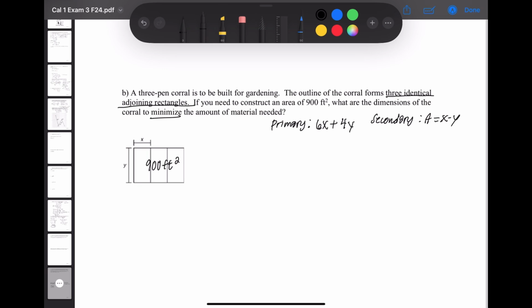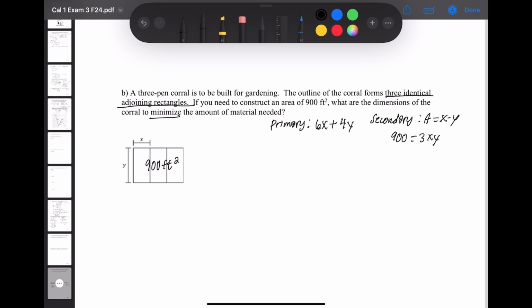So we know that our area is 900. It said 3 identical adjoining rectangles, 3x, so 3xy. So now we need to solve for x, because we need it in terms of one variable.